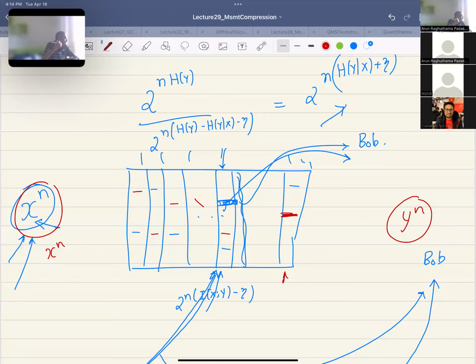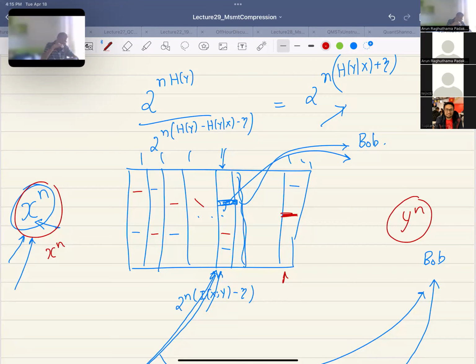Exactly. So each conditional typical set has been spread apart into the bins, and there is one allocation that can do it. That's the non-trivial part. And probabilistically, we will show that there is indeed one such allocation.